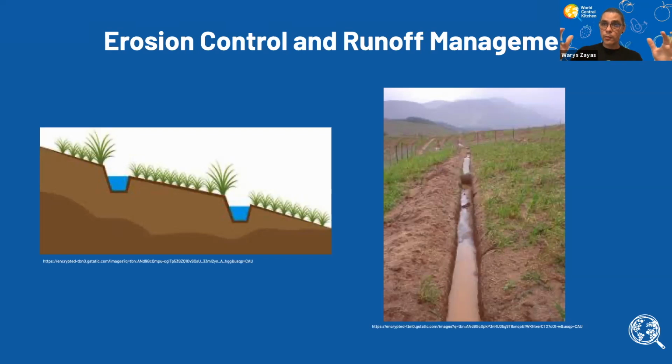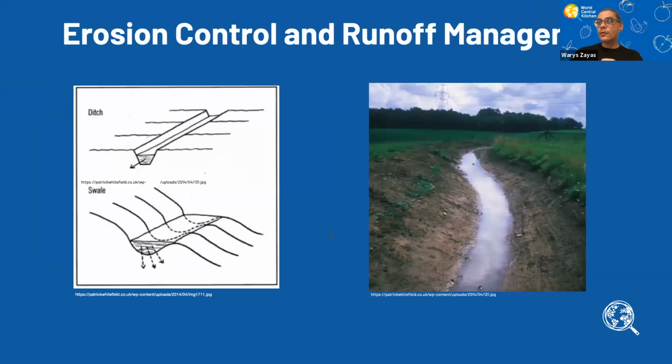Okay, swales tend to be higher, and most swales, as you see here at your right, don't have a huge decline to move the water. On the other hand, the ditches have a higher decline to move water.